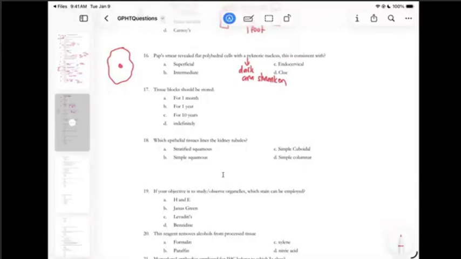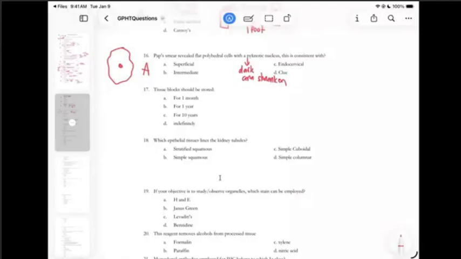So this is very consistent with the mature cells of Pap smears, found on the top layer of the epithelium and affected by the hormone estrogen. That is your superficial cells. So number 16, letter A.